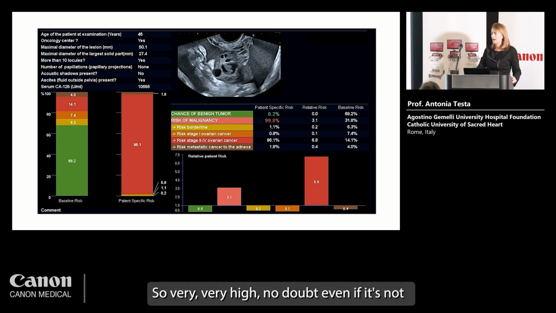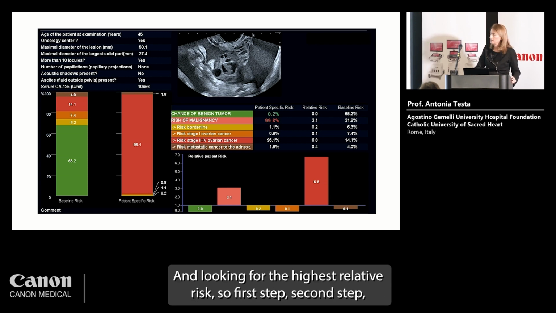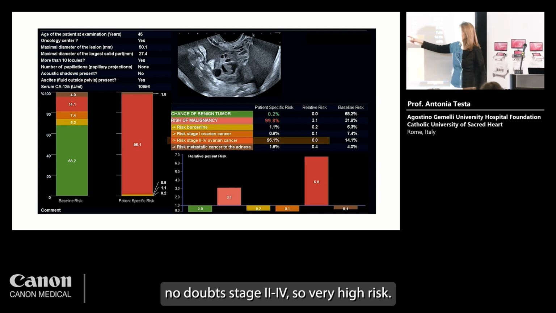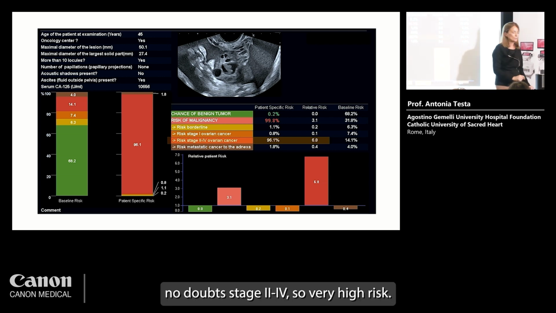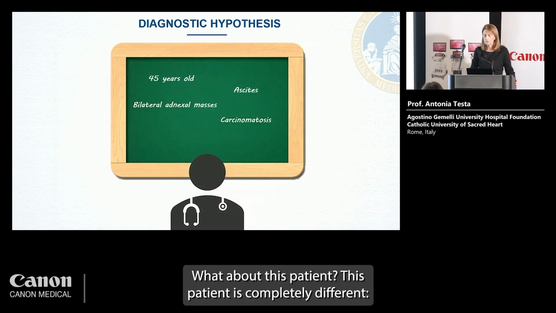So very, very high, no doubt, even if it's not so large, but it's because of the presence of ascites, that's why. And looking for the highest relative risk, so first step, second step, no doubts, stage 2, 4. So very high risk.